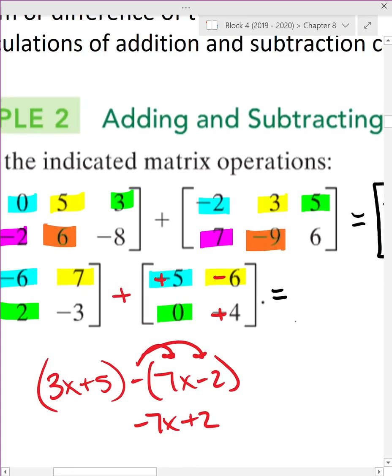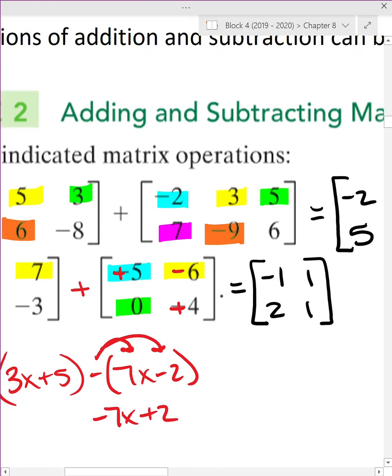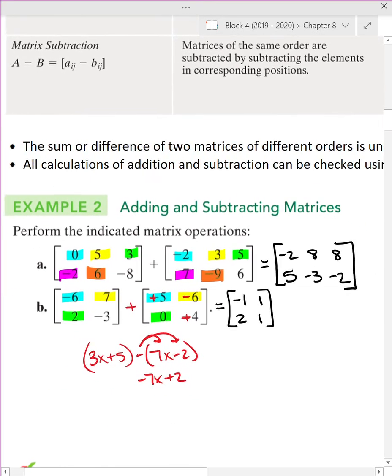So I'm going to have -1, 1, 2, 1. And that's adding and subtracting matrices. Okay? Remember, only add or subtract when we have the same order. They got to be the same size, or else we can't combine all the pieces within every element.